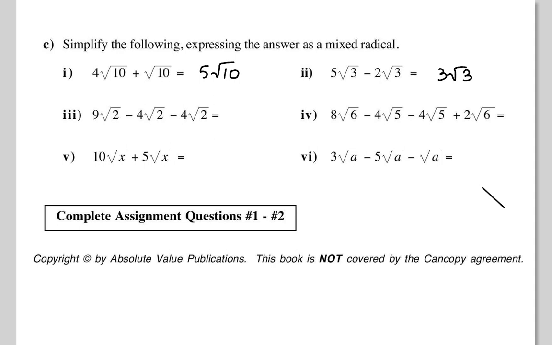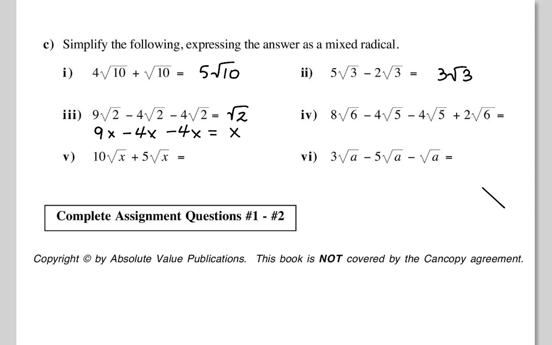Like this next one is no different than 9x take away 4x take away 4x. 9x take away 4x is 5x. 5x take away 4x is 1x. It's just like this one would be 1 root 2. You can think of them as analogies. They're just so similar in how we do these.